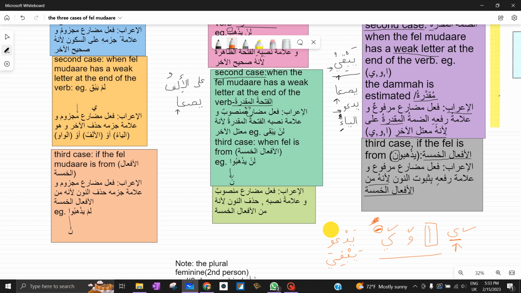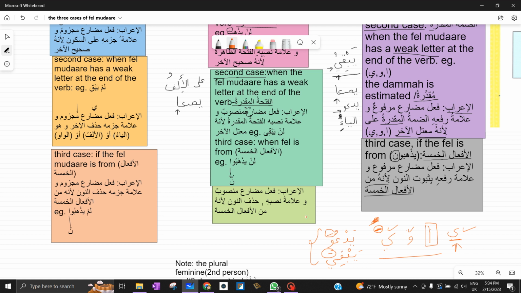Sometimes you may see a fatha over a waw or a ya, and in later lessons in Madina Book 3 you will come across this rule. I'm telling you now so you don't get confused when you see a fatha over a waw or a ya.